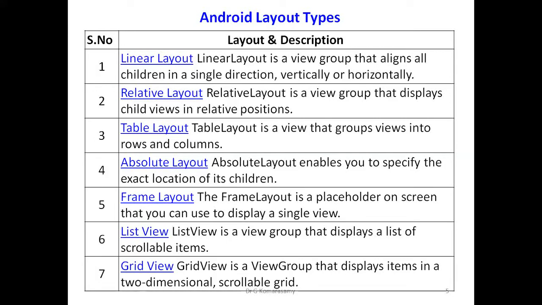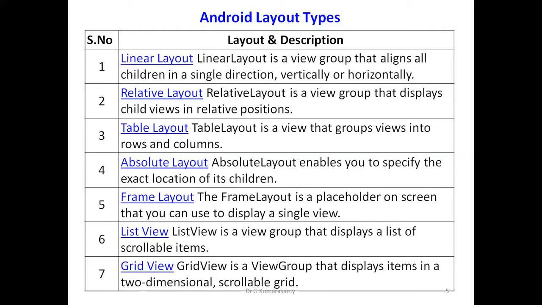Whereas table layout looks like a table, grouping views into rows and columns, right? And absolute layout enables you to specify the exact location of its children. Okay, exact location, we can use that layout.